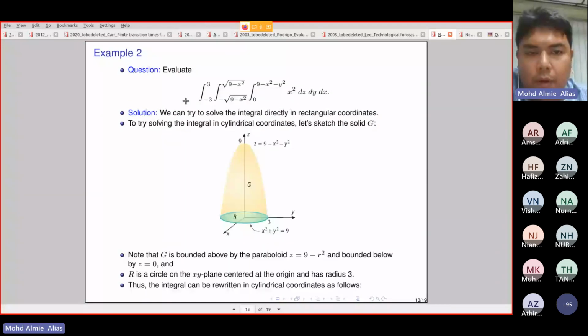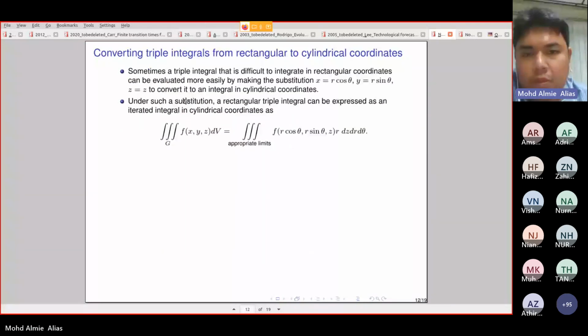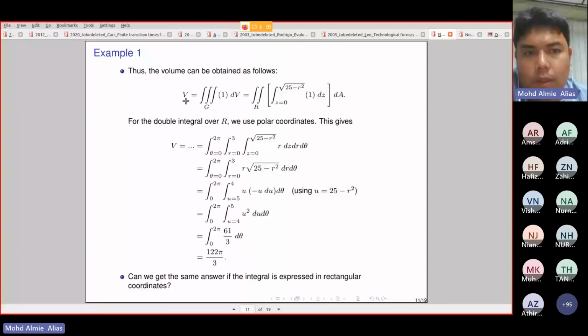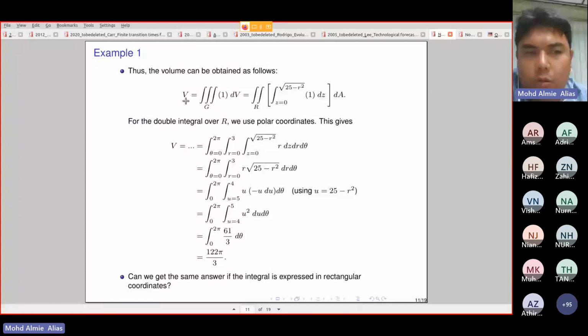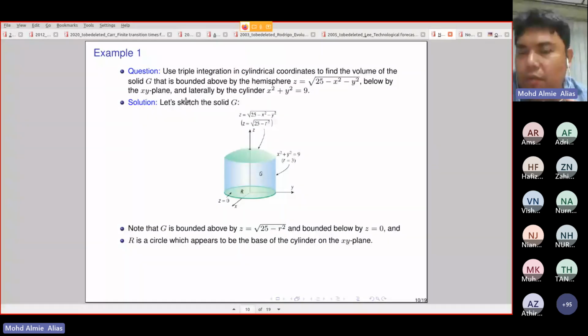This is quite similar to number one. Actually, this is different from example one, because in example one you are asked to find the volume, in which you are not given f as a function of xyz or r theta z.